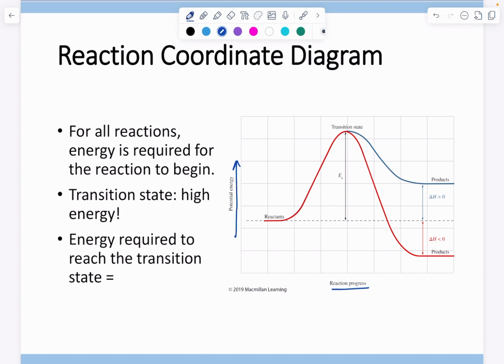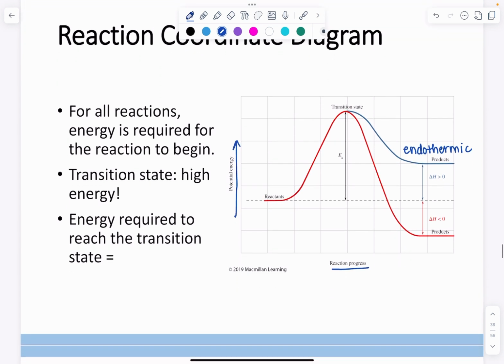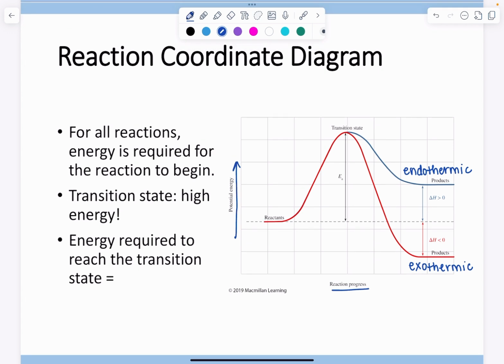And then the products could be higher energy than the reactants. That would be an endothermic reaction. Or they could be lower energy than the reactants, and that would be exothermic. So this is a general diagram just to show those key features.